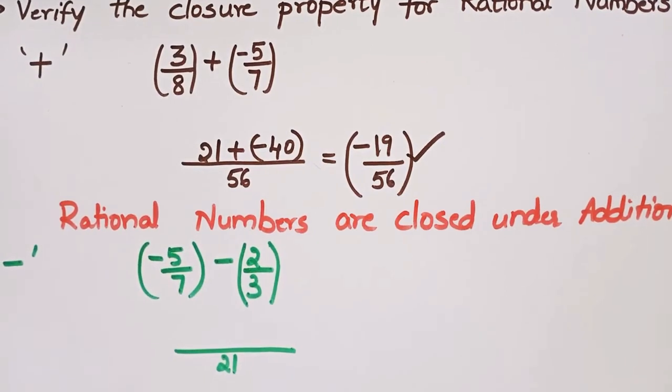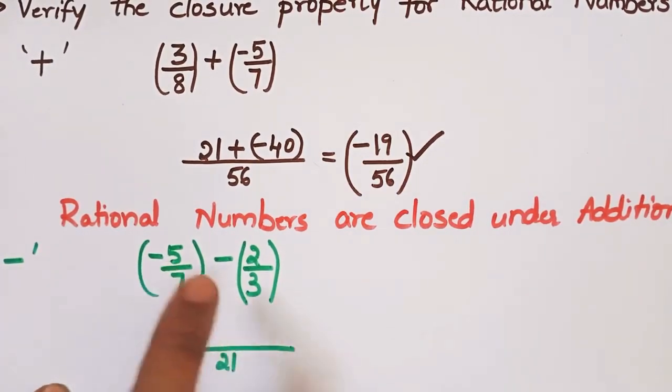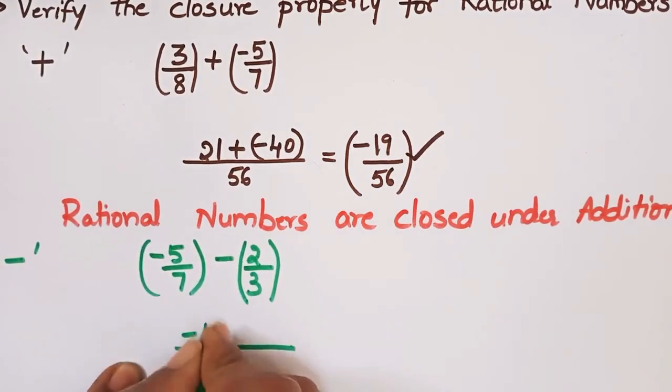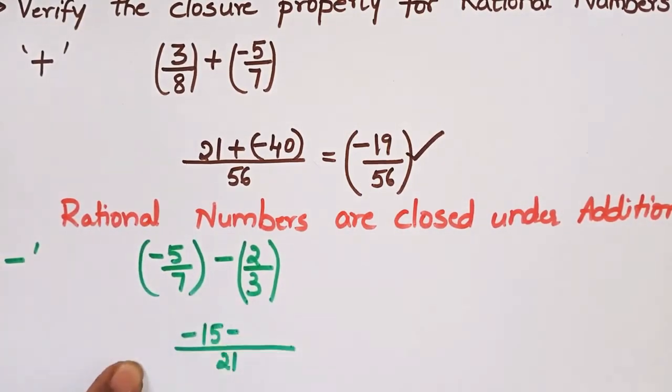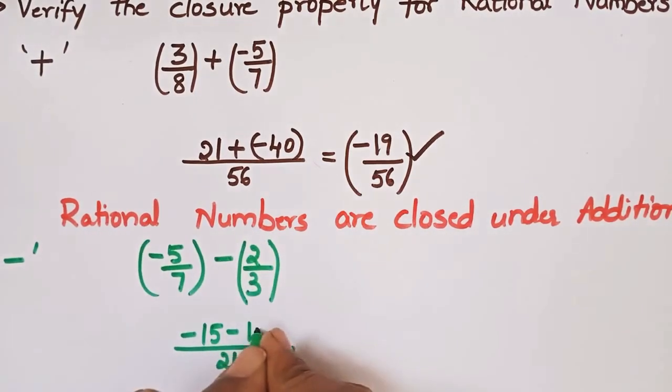Am I right? Okay. So when I divide 21 with 7, I get 3 as my quotient. So 3 into minus 5, that is minus 15. Minus, when I divide 21 with 3, I get 7 as my quotient. So 7 into 2, it will be 14.